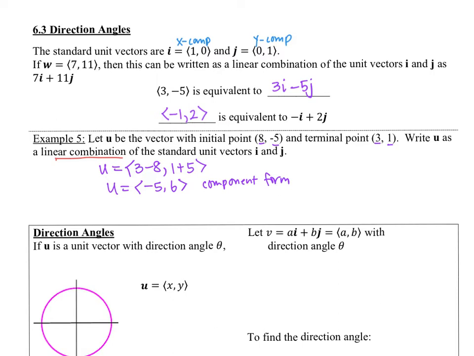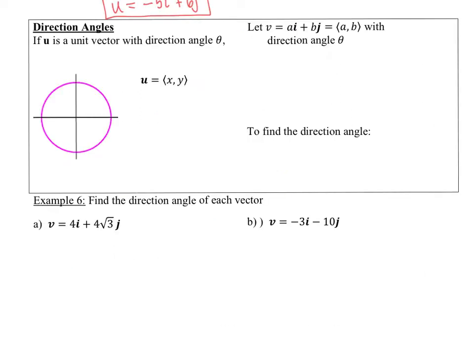But because they specifically asked me to write it as a linear combination of the unit vectors i and j, I'm rewriting it as -5i plus 6j, even though this is the exact same thing. If you're doing WebAssign, you may need to pick i and j from the menu of symbols because I don't think the normal i and j works.